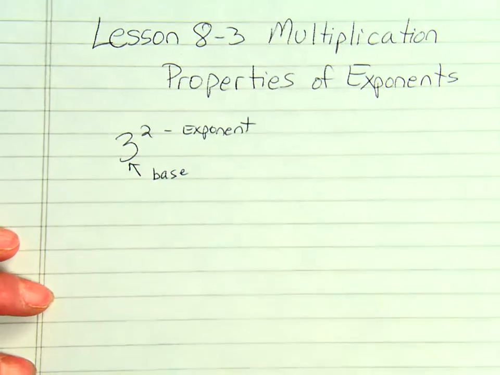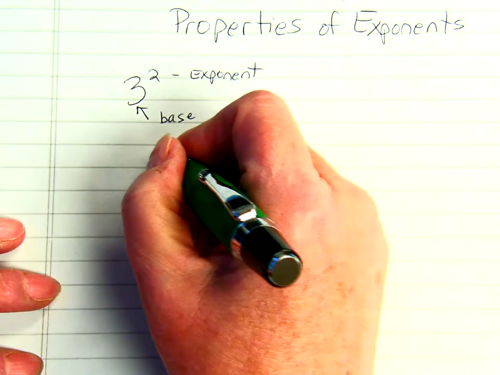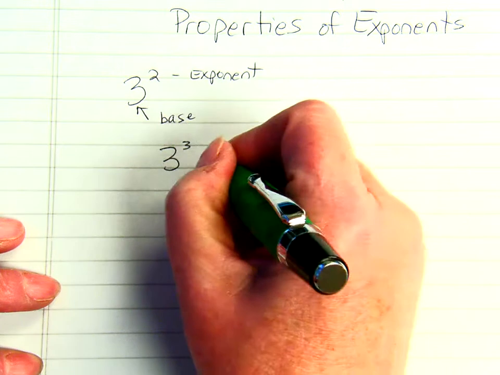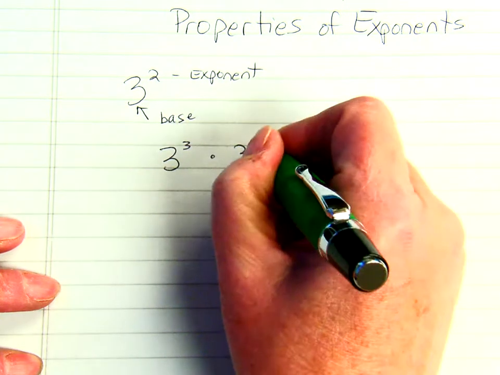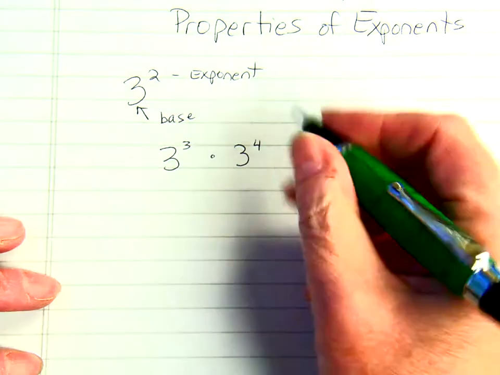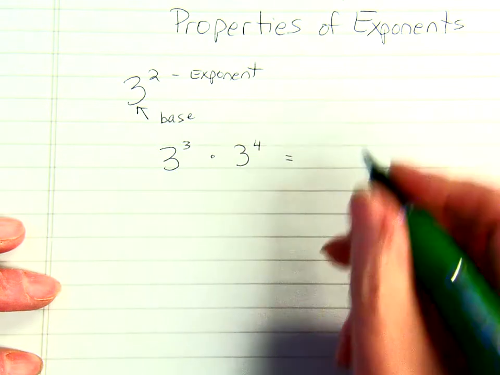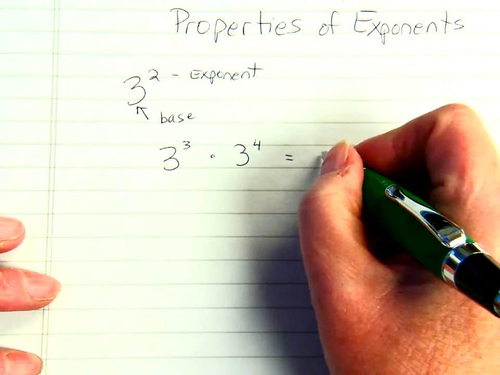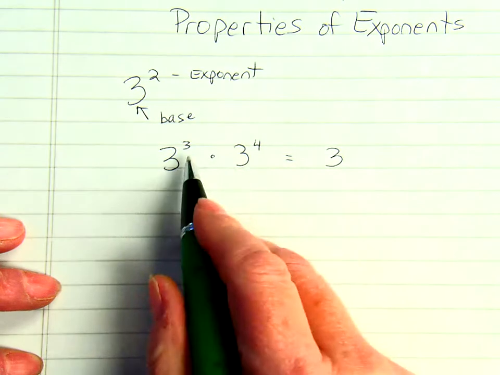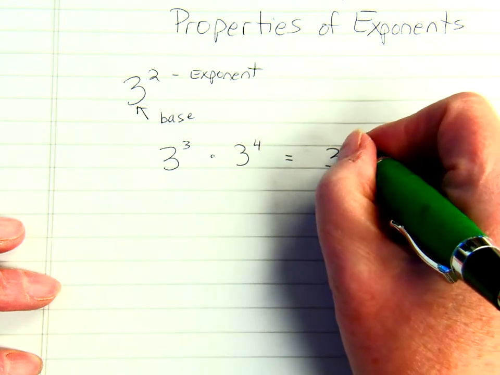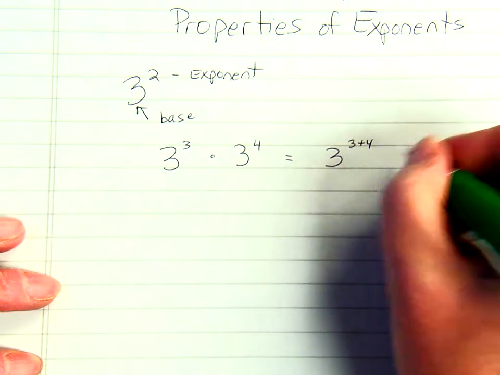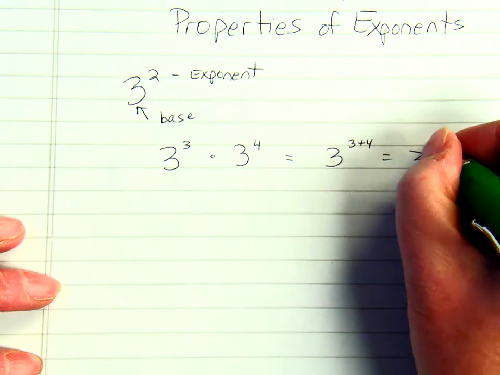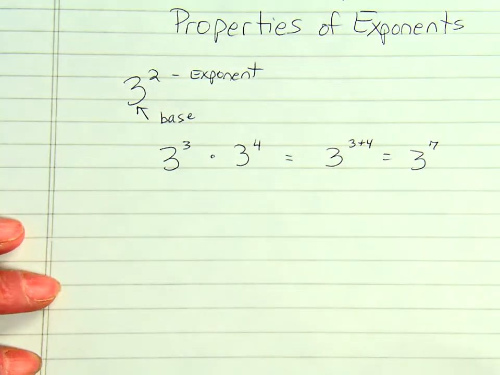So if we've got 3 cubed times 3 to the 4th, what our rule is going to be is that we keep the 3, and then we are going to add these exponents. 3 plus 4 equals 3 to the 7th power.